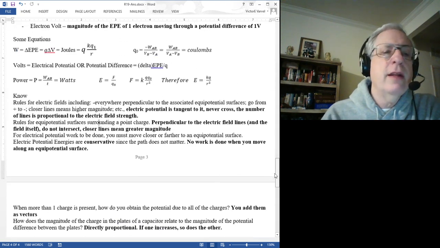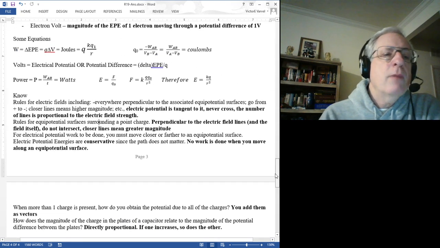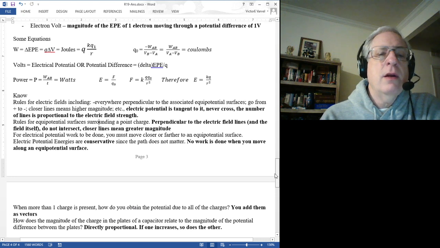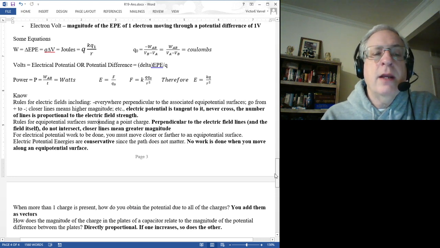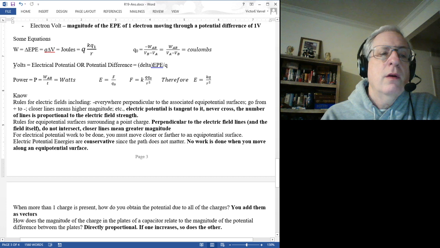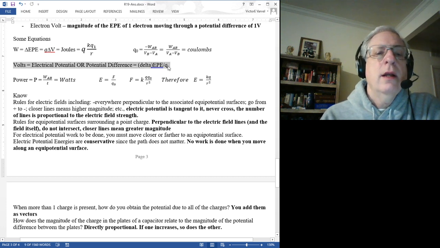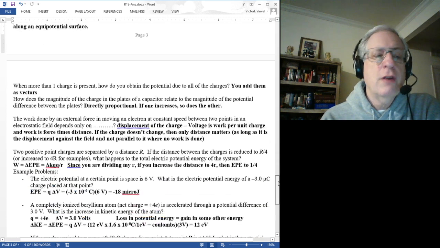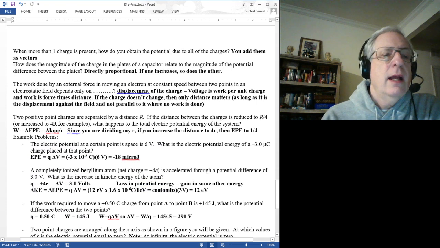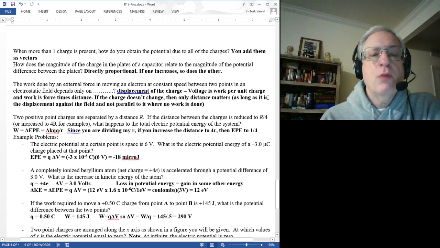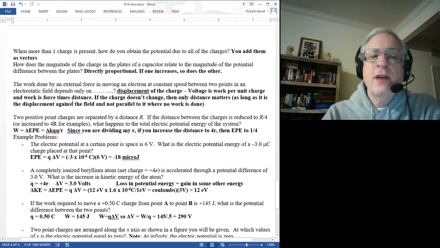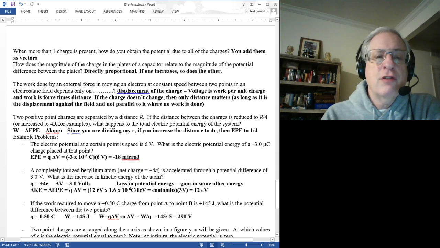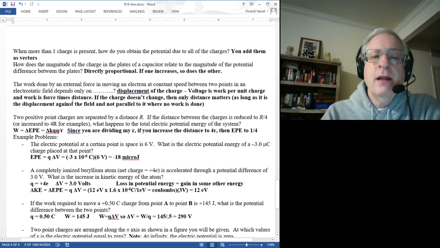If we go up here, we see that volts is equal to delta EP over Q, and delta EP equals work. Volts is equal to delta EP over Q, which is the same thing as work per unit charge. So voltage is work per unit charge, and work is force times distance. If the charge doesn't change, then the only thing that is left is distance. It's only distance that matters.